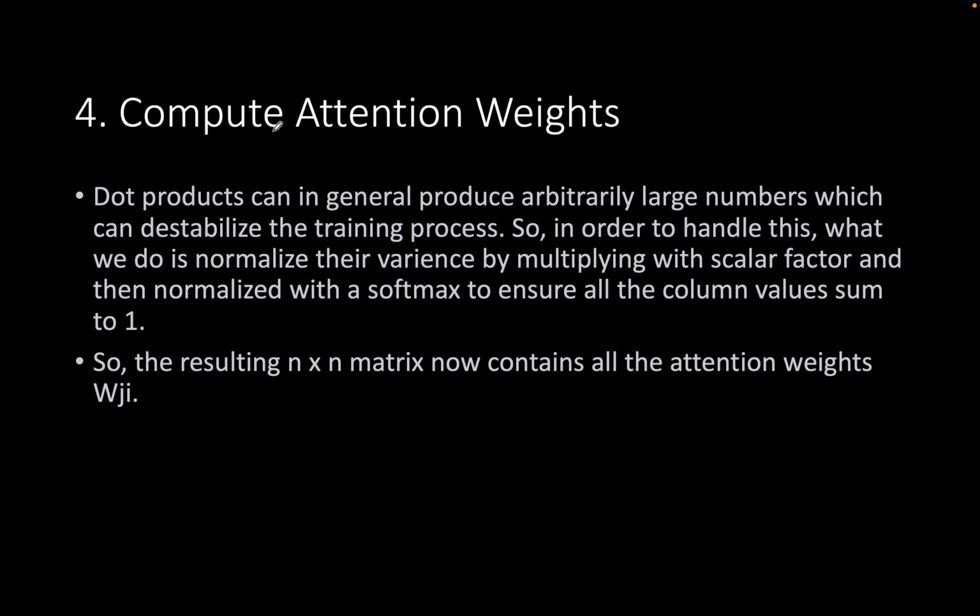So we need to handle this and normalize the variance by multiplying with a scalar factor, and then normalize with a softmax function to ensure that the sum of all the values is equal to 1. The resulting n by n matrix now contains all the attention weights, that is Wji. Don't worry about this, we have an example.